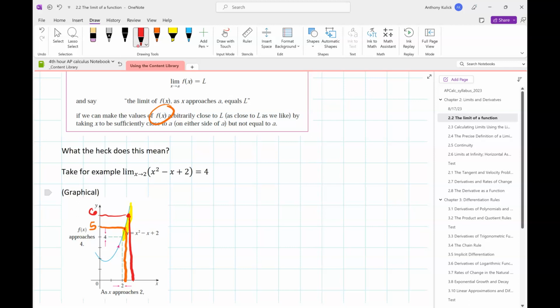That would not be part of the AP curriculum, but if you're a potential engineering student, you will definitely do this kind of work in class, and we'll dip our toe into that section. We won't go heavy into it. We'll do like 20 or 30 minutes and then we'll move on. But we'll look at another definition that's even more precise than this one in a later section, just to give you a heads up.